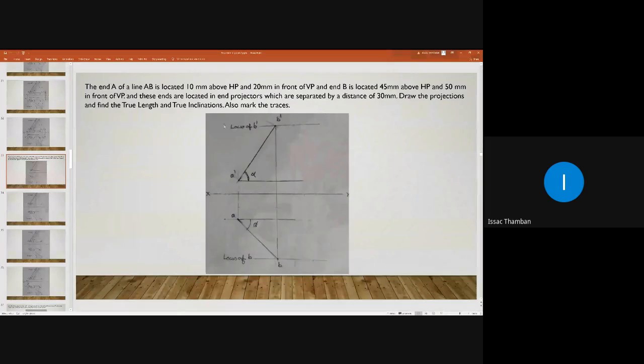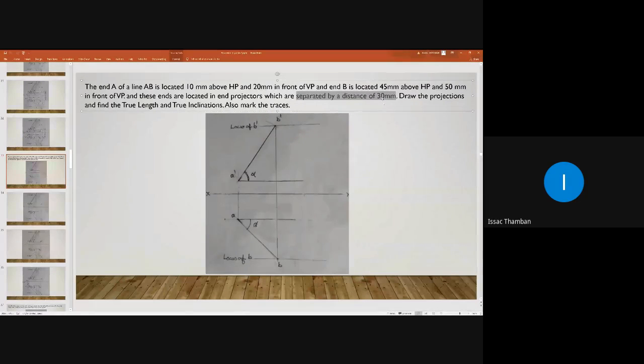Then what next? Here, the distance between the end projectors is given as 30 mm. So here we have the first end projector and we have marked A and A dash.